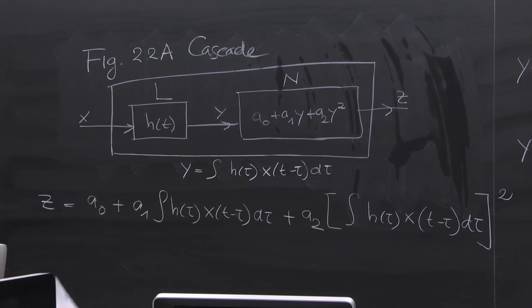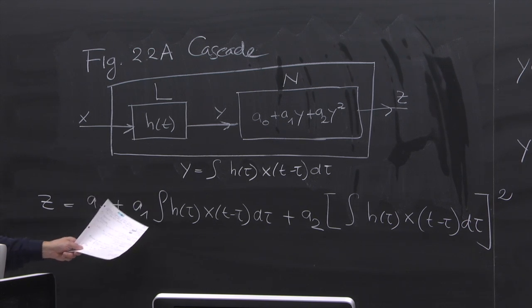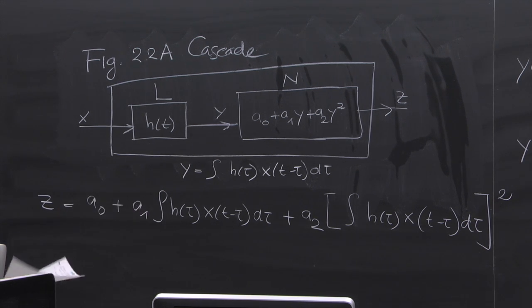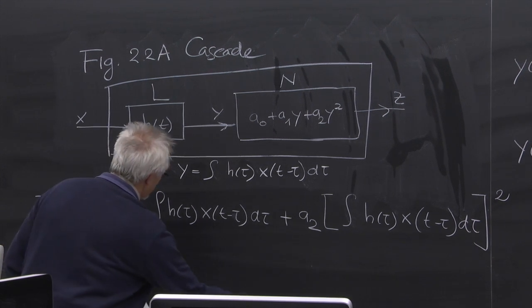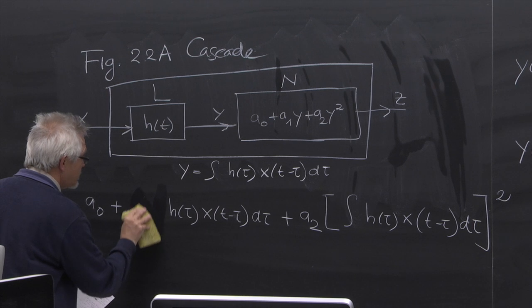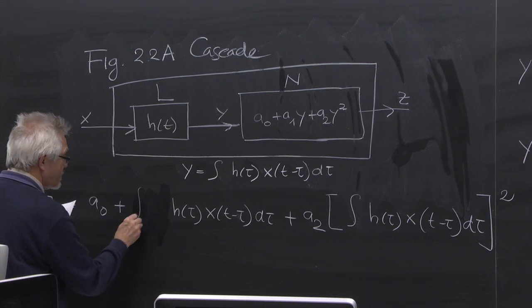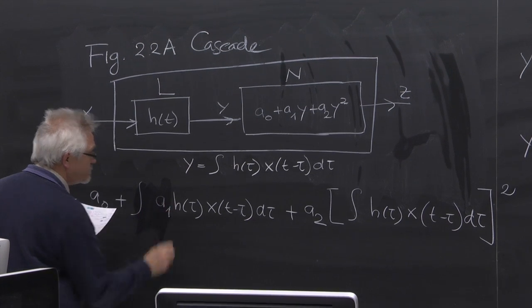Well, let's first look at this one. If I'm going to rewrite this a little bit, I could take a1 over here. So I could rewrite this in such a way that I have my integral here and I have a1 there.